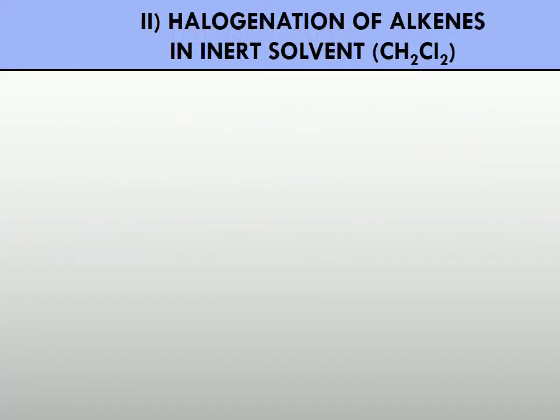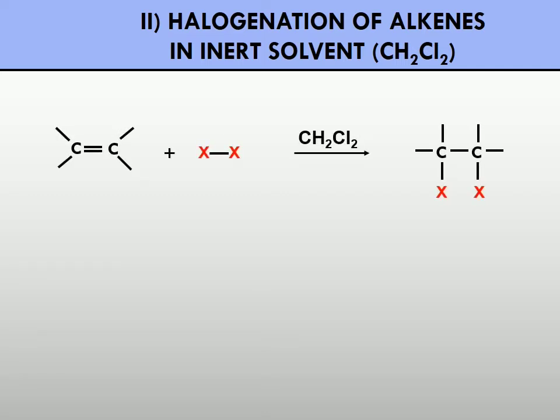Second will be halogenation of alkenes in an inert solvent. So halogenation means we are adding a halogen to the carbon-carbon double bond. An inert solvent is a solvent that does not disturb the addition of the halogen, which is not reactive. So when the halogen is added, the carbon-carbon double bond will open up and form 2 single bonds.